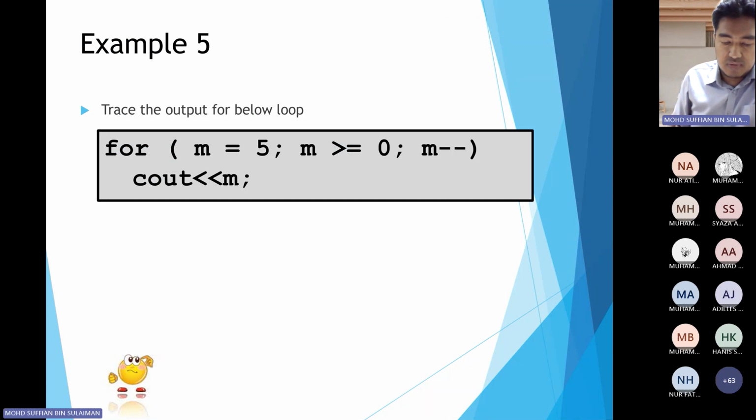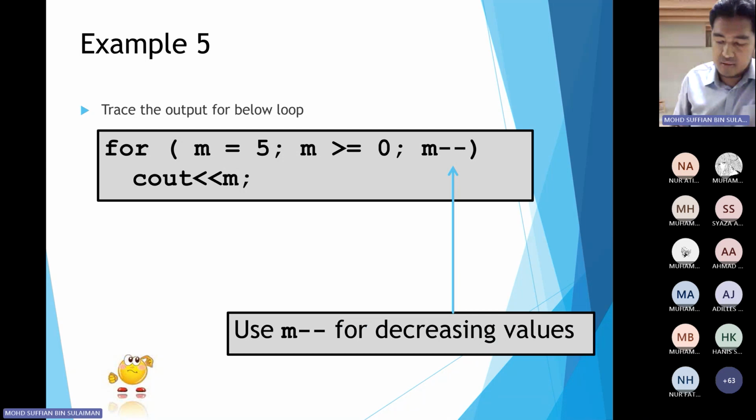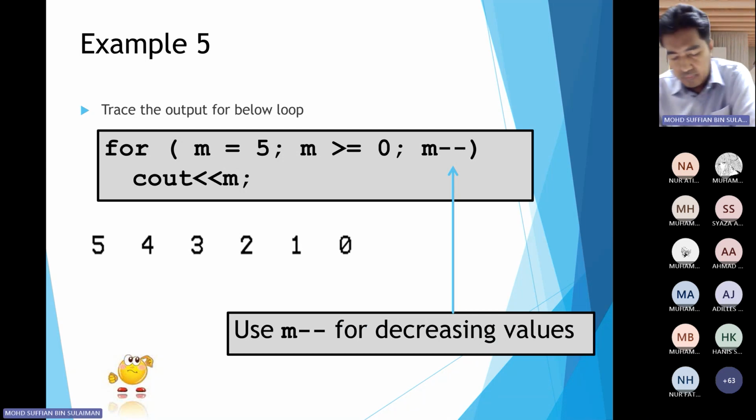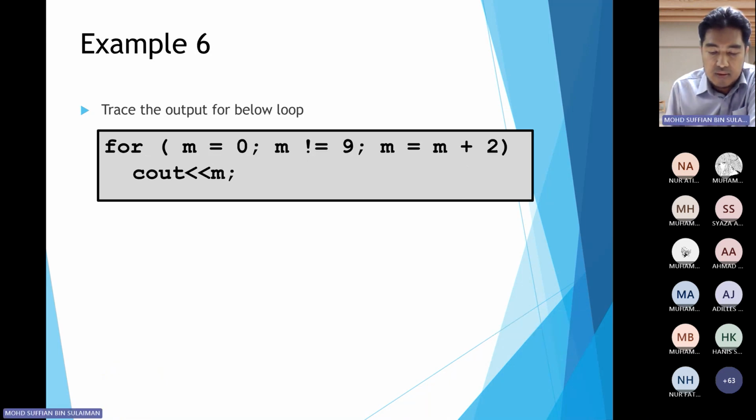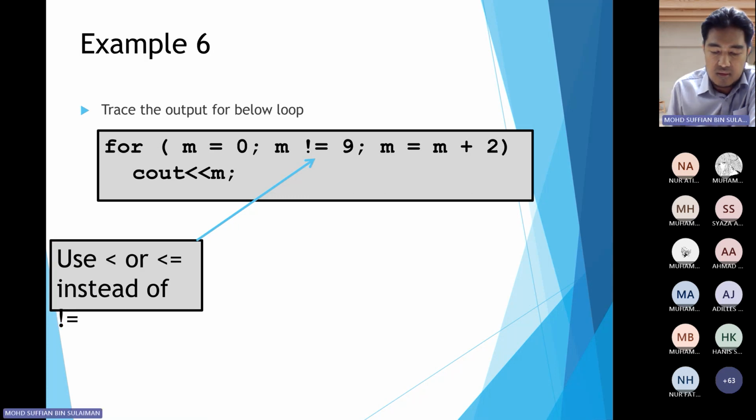Okay. Example 5, tulis the output. Jawapannya lah. Use M minus for the using value. Cepat tulis the output. Okay. It is not recommended to use not equal.